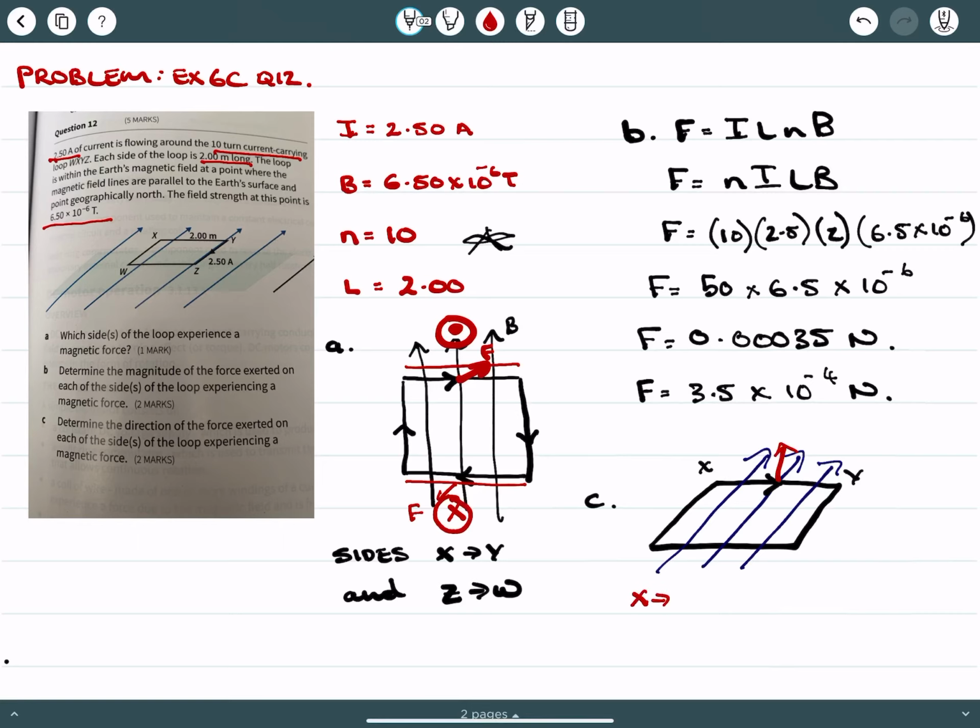For W to Z, the current is acting in the opposite direction. Fingers follow the field lines, thumb follows the current, and my palm should be acting downwards. So W to Z is downwards. And that's our answer.